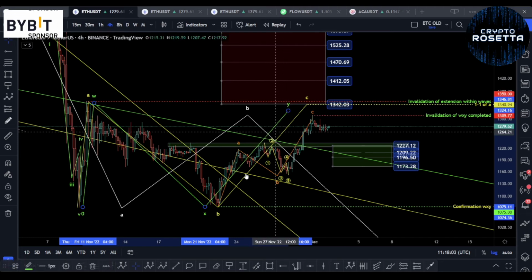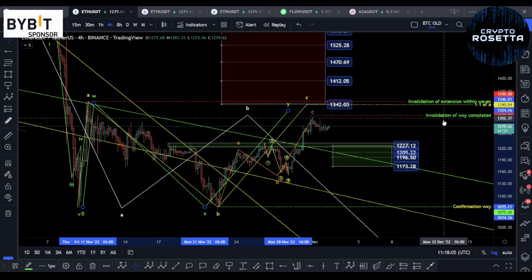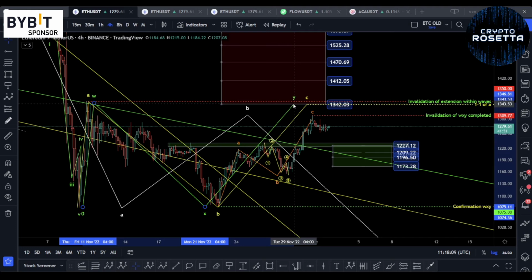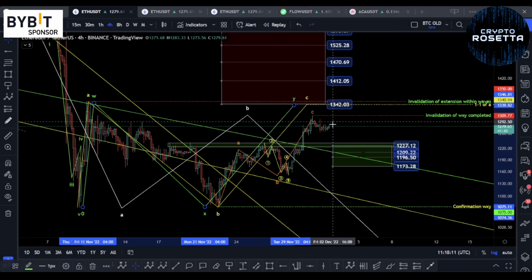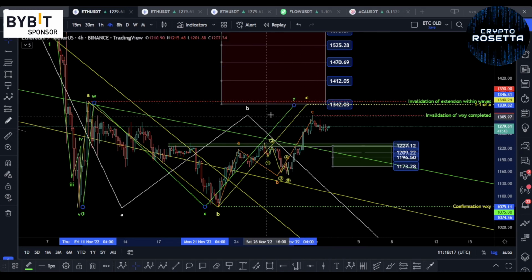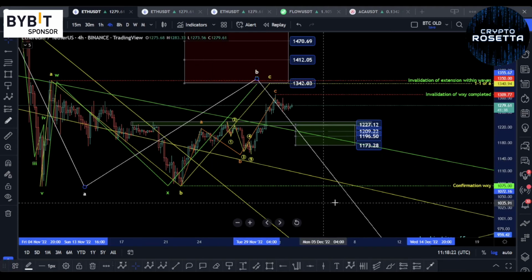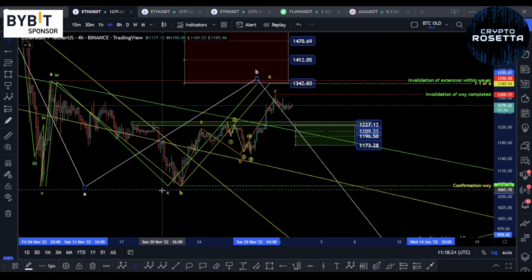So the one-to-one is currently sitting at this 1,340 area. So if this carries on and pushes up a little bit more, and we end up in this zone with an extension here, then it is possible that this could be a completed B wave. So we'd have to just monitor it. Confirmation that it is completed would only come by dropping back down below this 1,075.